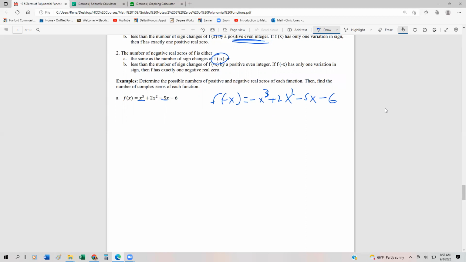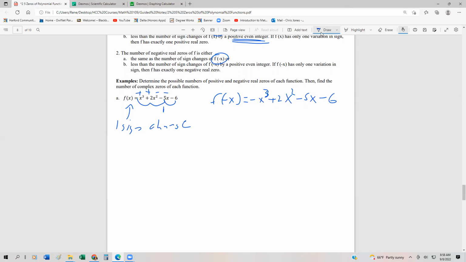Now, we're going to take a look at the number of sign changes. A sign change basically means from positive to negative. So there's no sign change here. There is a sign change here, but there's no sign change here. Basically it goes positive, positive, negative, negative, and that means that there's one sign change.